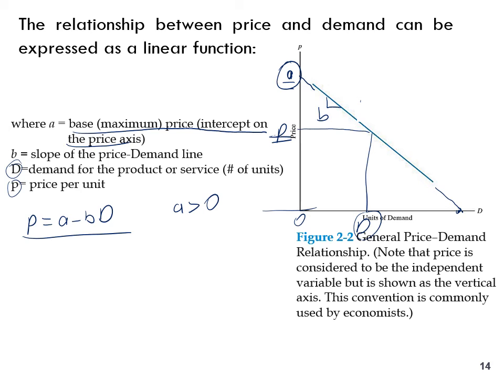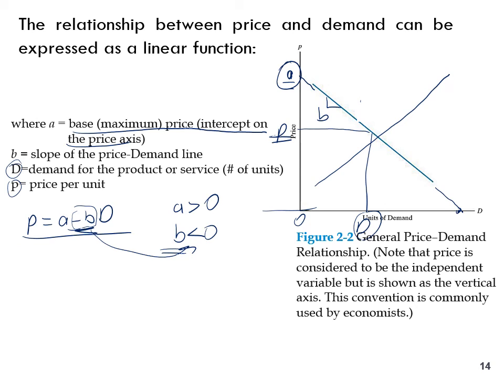Okay, again in this equation, what happens if B is less than 0? Remember B is the slope, and with a negative in front of that, if B is also negative, then this part will be positive, and it means that the price will increase with respect to D. And we just learned that the law of demand says that as the price increases, the demand decreases.